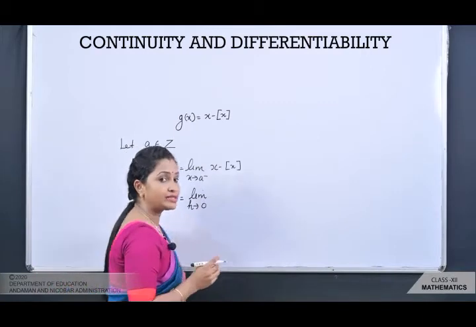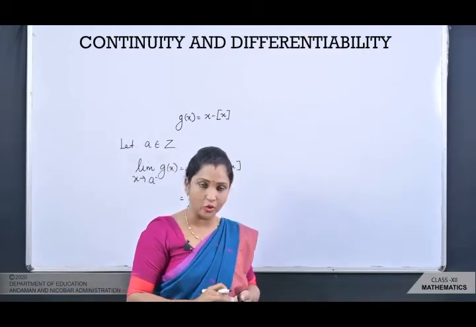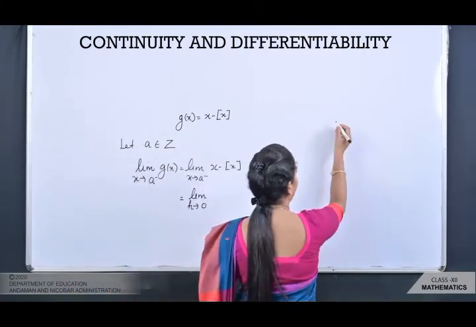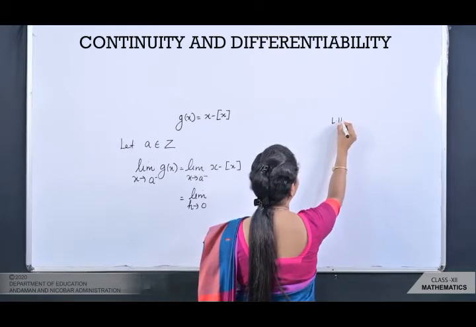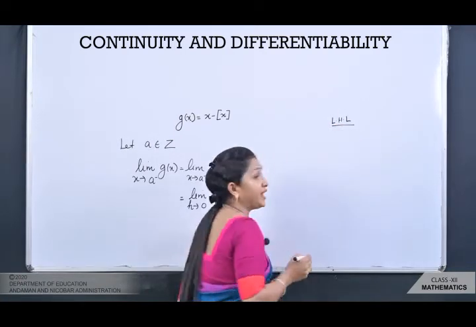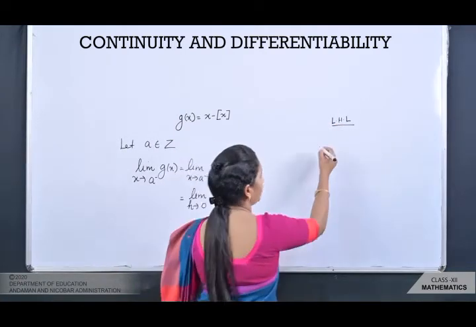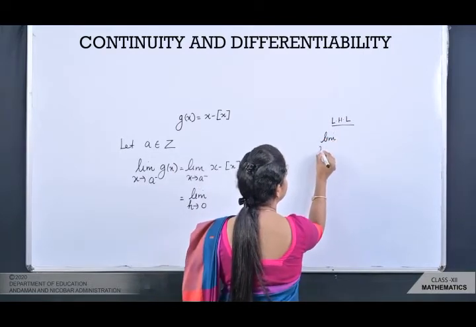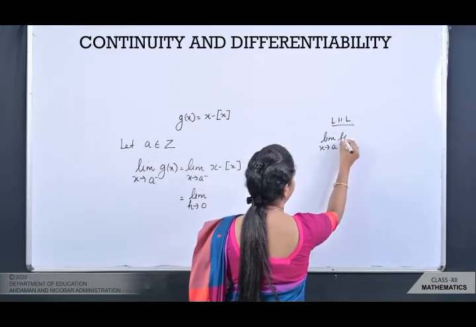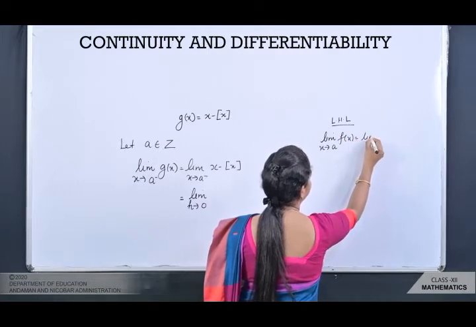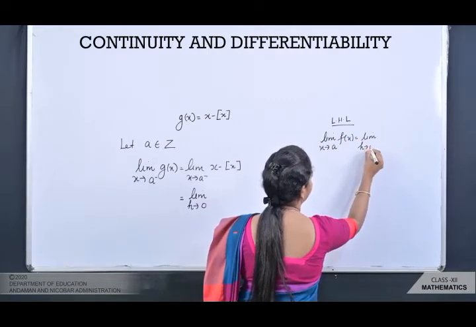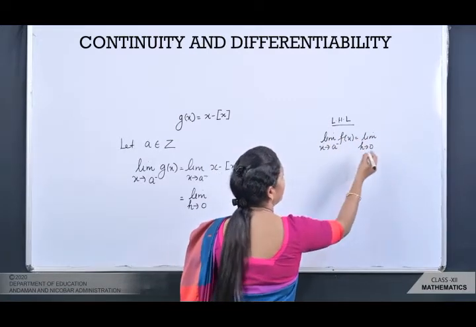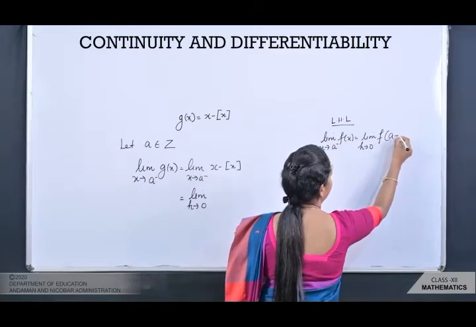In the previous class I have already explained what the h method is. In the h method you have to remember three things. If you want to find the left hand limit, suppose you have the limit as x tends to a of f of x, and you want to convert it in terms of h, it will be the limit as h tends to 0 of f of a minus h.